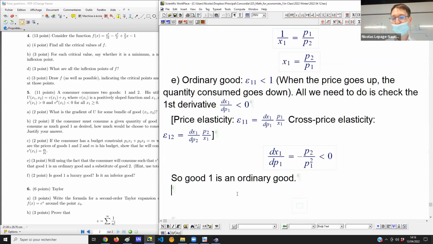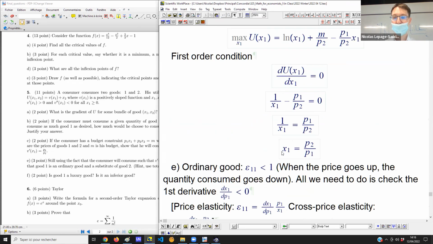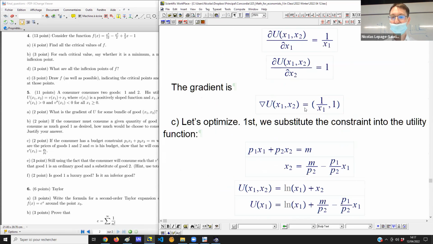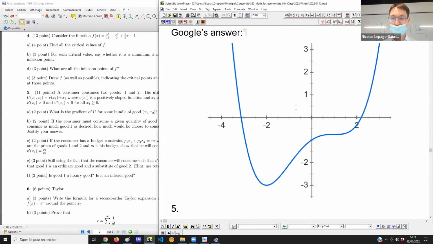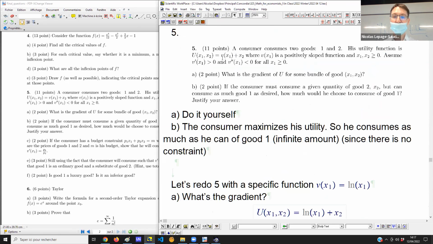It means that when the price goes up, I consume less of it. And if I wanted the elasticity, then with this thing there, I couldn't say anything. I would just have to put back P1 over X1 because I don't have an explicit solution. Here I have an explicit solution, but if I just had V there, then I don't know what the value is. I just know the properties of the functions around it.